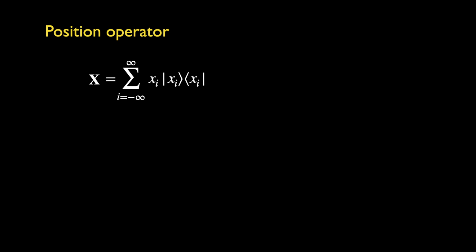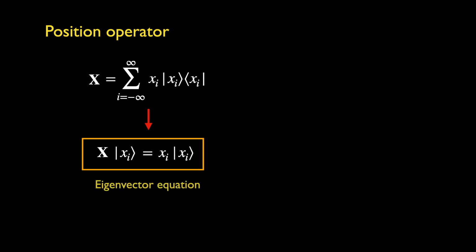This ket-bra representation tells us that this operator acts on the position state x_i and gives back the same state multiplied by its eigenvalue. Thus, the eigenvector equation is satisfied. The key identity we have used is again the orthonormality of the position states.